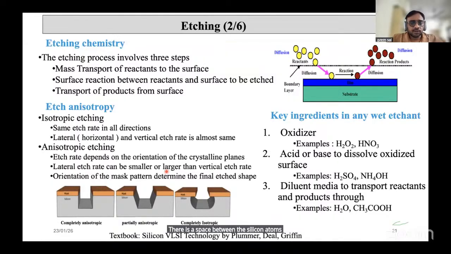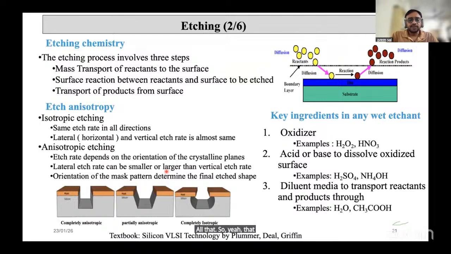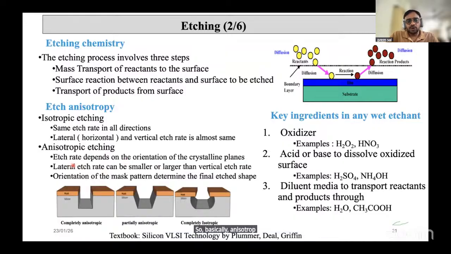Silicon in crystalline terms comes under cubic: face-centered cubic, body-centered cubic, simple cubic structures, which fall in the Bravais lattice. That is a different thing you can read if you have time. Basically, anisotropic etch depends on crystalline planes, and then the orientation of the mask. If you misalign, it will go in that direction.